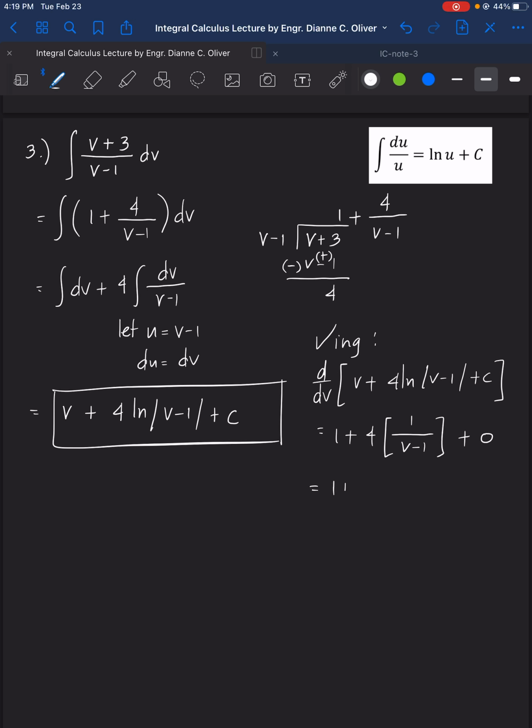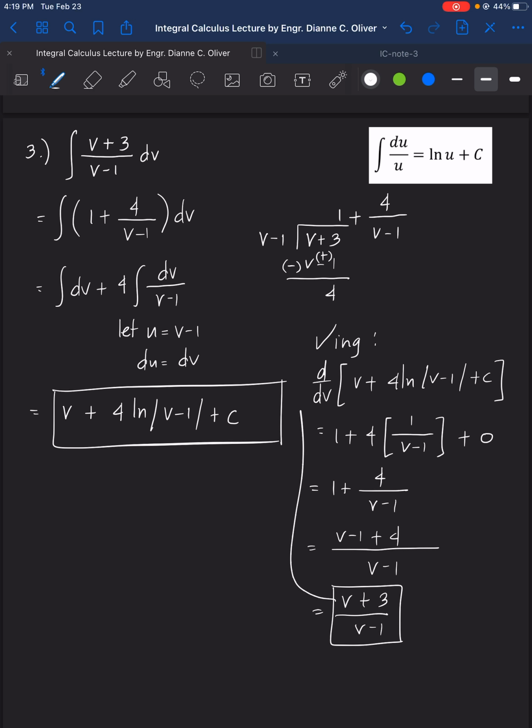It's now equal to 1 + 4/(v - 1). And this is equal to (v - 1 + 4) over (v - 1), which is (v + 3) over (v - 1). The same as the given, therefore the answer here is correct.